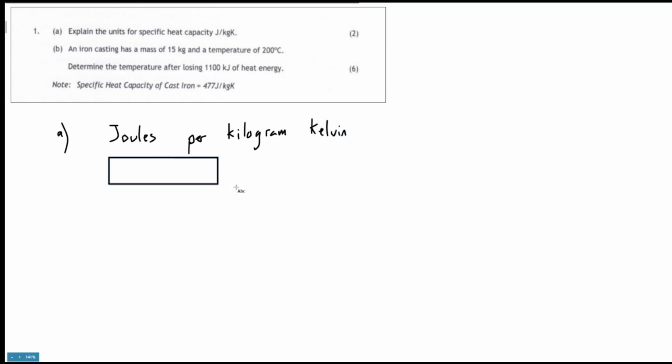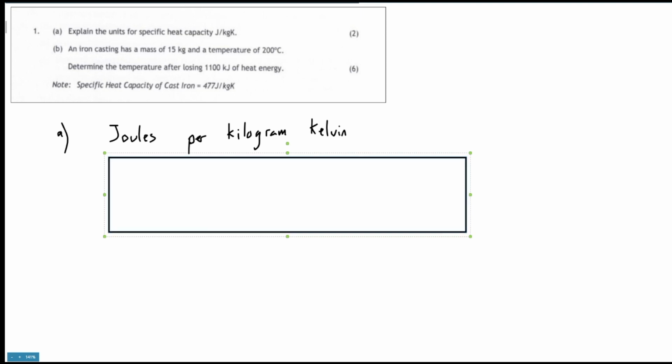We're going to say that this is the amount of energy, in joules, required to heat 1 kilogram of material 1 degree Kelvin or Celsius, because it's the same thing, really.